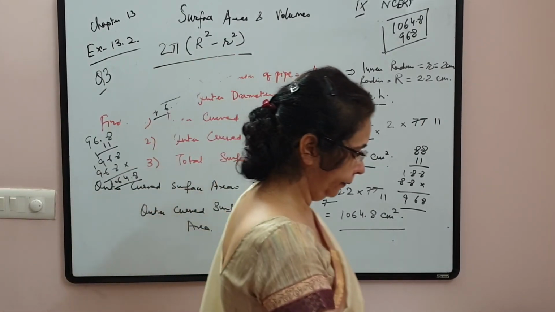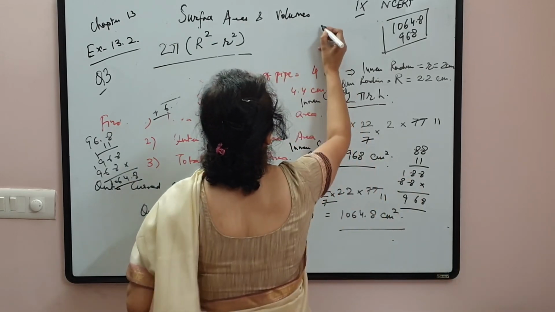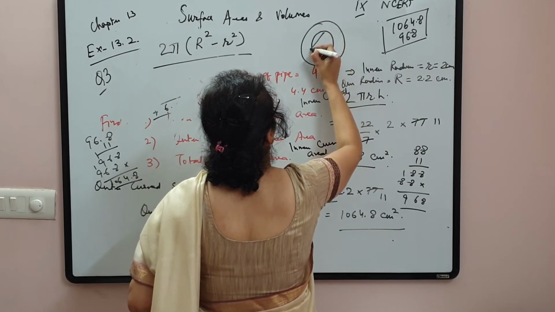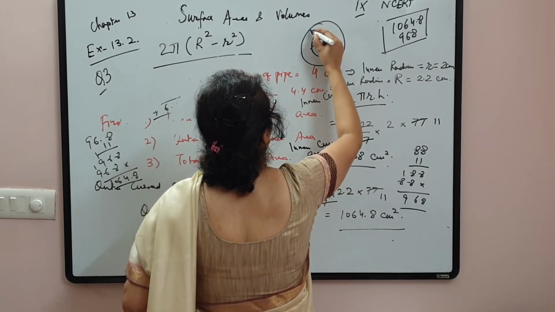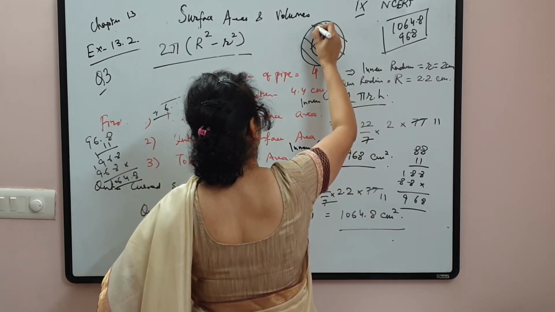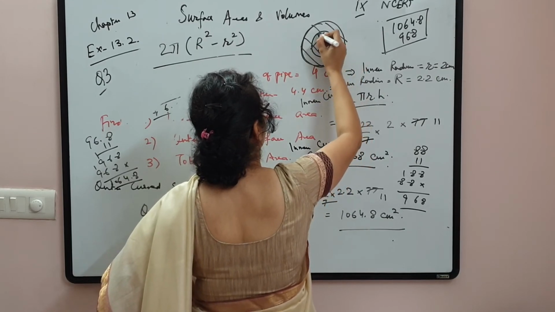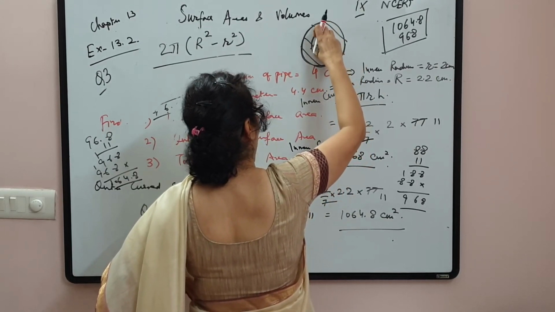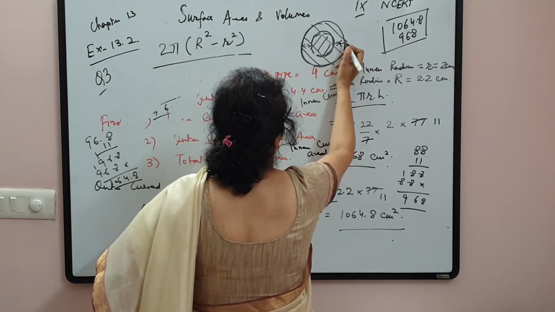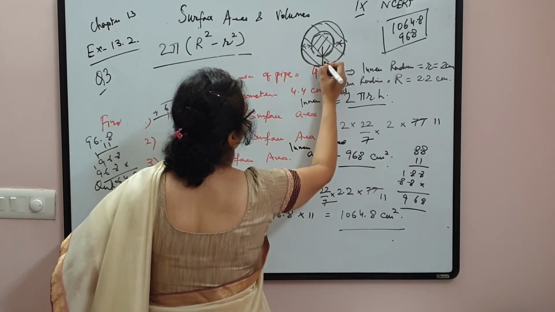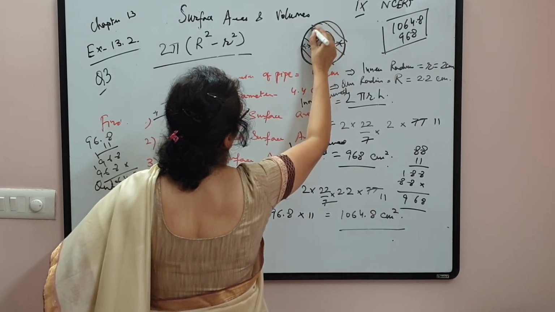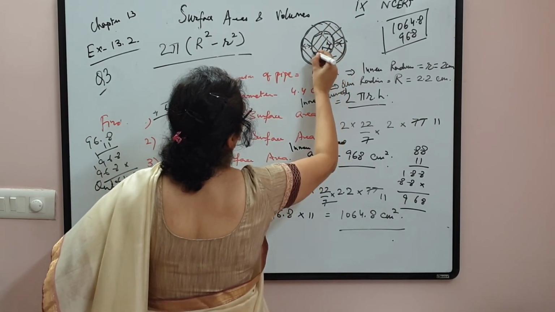Why is it like this, children? Because if this is a circle, this is the end of the pipe, this is the inner surface area, this is the outer surface area. Pipe is open, that means we are taking into consideration only this area. If this is capital R and this is small r, outer radius and inner radius, then the area of this path is what, children?